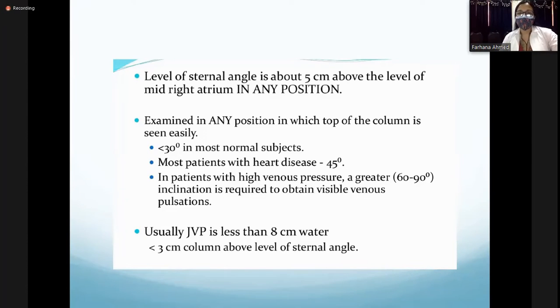But when the JVP is very high, you need to incline more than 60 degree, even 90 degree, to obtain visible venous pulsation. That is, firstly you need to assess the patient and the pathology, why we examine the JVP, and you have to decide which position is more accurate to examine the JVP for this patient.